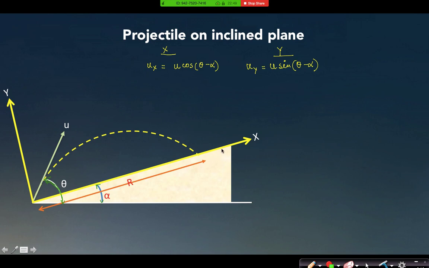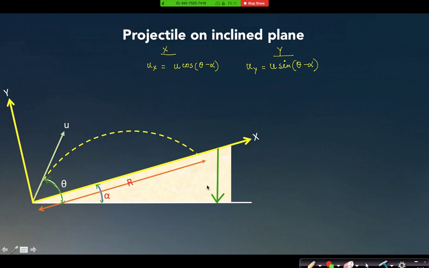Yes, good. Now, what is the acceleration along the x and y axes? That also I have to find. You can see that the actual acceleration of the particle is always along this line, the vertical direction, right?